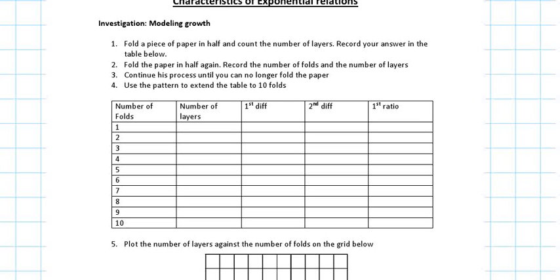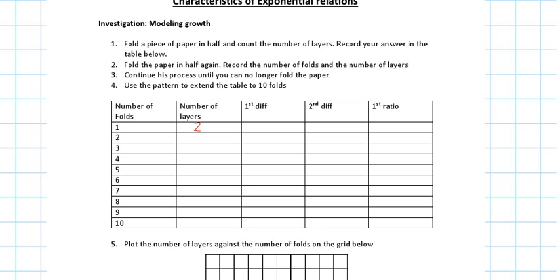One side, right? So if I fold this piece of paper once, how many layers do you see now? You see 2 layers, right? Good. How about if you fold it one more time?